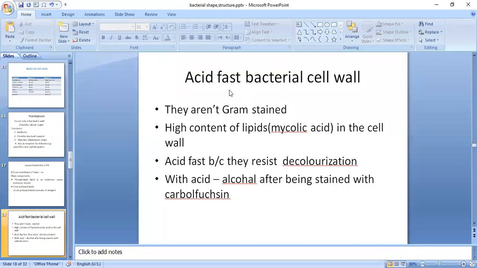When we stain the acid fast bacilli, the first dye we use is carbol fuchsin, and then we use the acid alcohol. When we apply the acid alcohol, they are not decolorized. So they are known as the acid fast bacilli. And the best example is Mycobacterium tuberculosis.